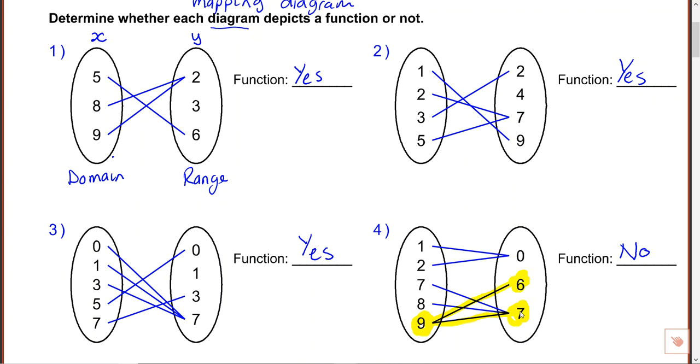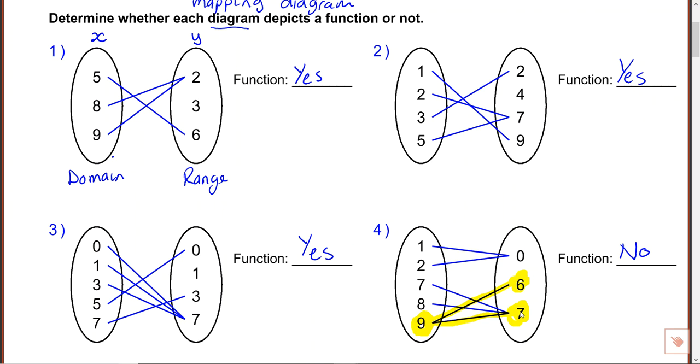Wait, can you repeat that? Because I'm not completely understanding that. Okay, so the first one, the function, we're saying each individual input I choose gives me an output.